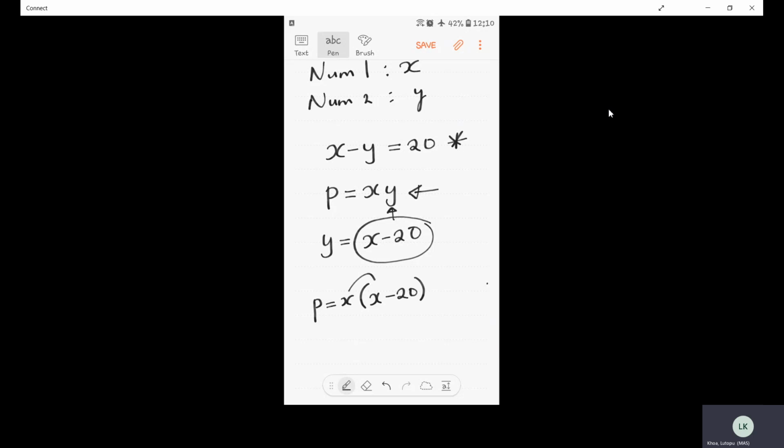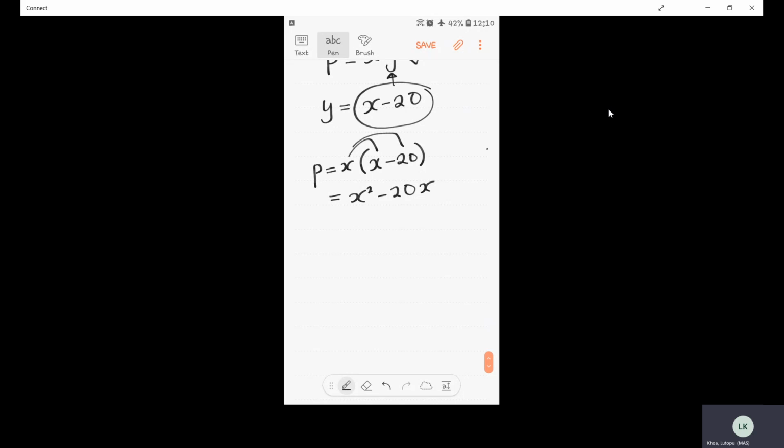And we multiply. This is equal to x squared minus 20x. And then I will do the usual thing. I'll differentiate, work out my critical points, then substitute them into the second derivative to see if I will get a minimum. Now just by looking at this, it is the equation of a parabola that opens upwards. So this is what it looks like, and such a parabola will have a minimum point.